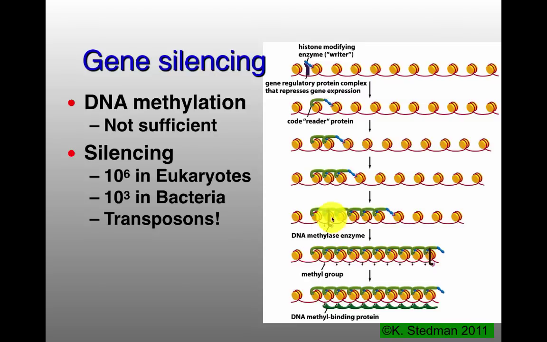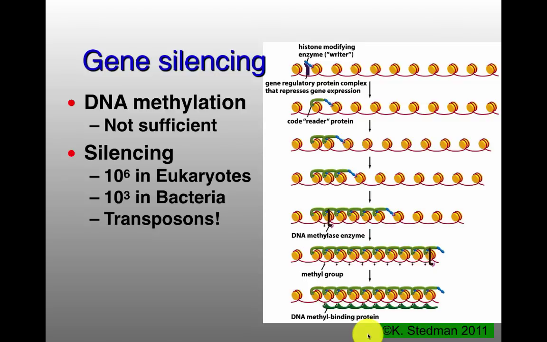Then you will have a DNA methylase, which will methylate the DNA. Then you have a DNA binding protein that only binds to methylated DNA, which will also bind to the DNA. And so it's this whole process: histone modification, DNA modification, and extra binding proteins that really gives you this massive silencing.